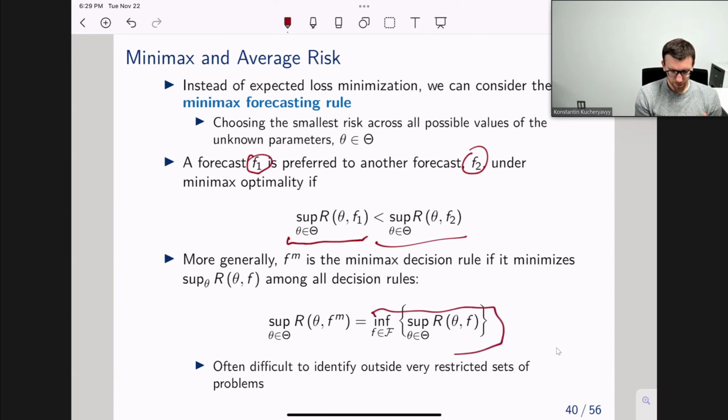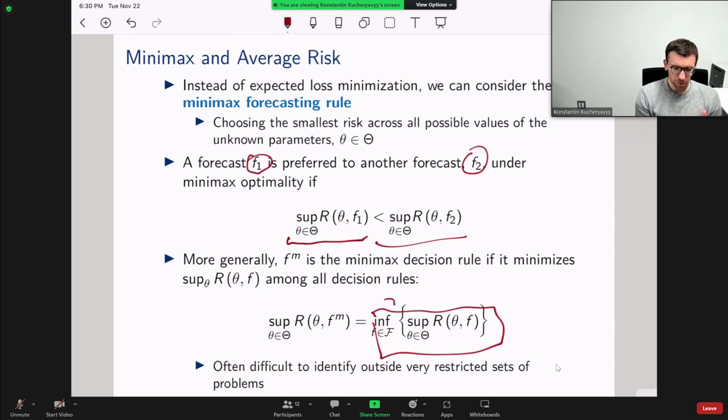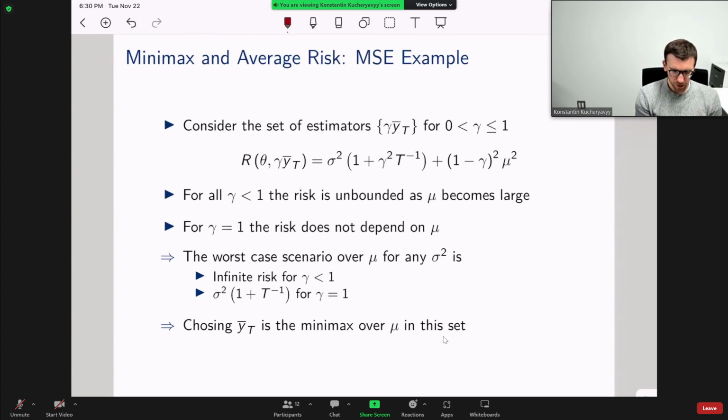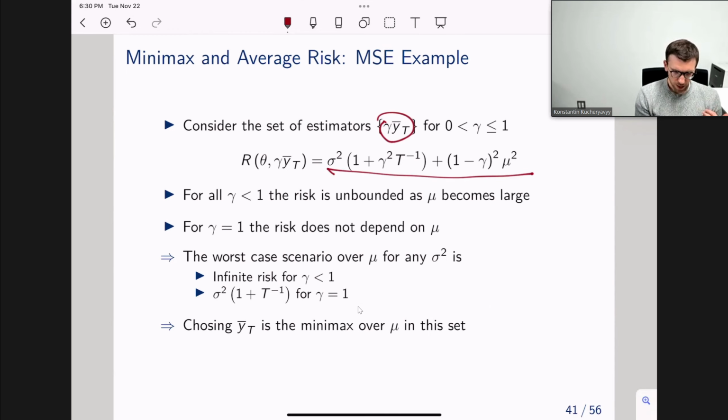So formally, let me give you an example with the mean squared error, going back to that example. The risk under this rule would be this. We calculated it already.